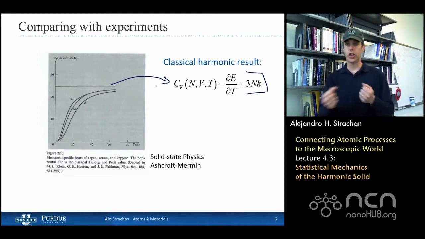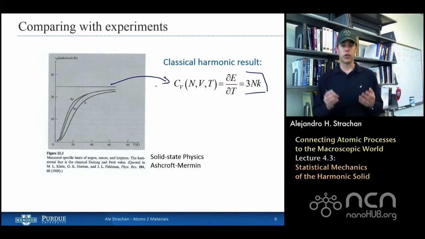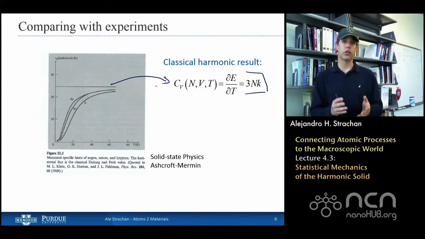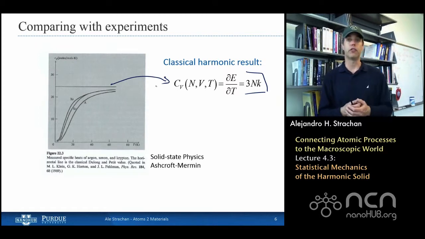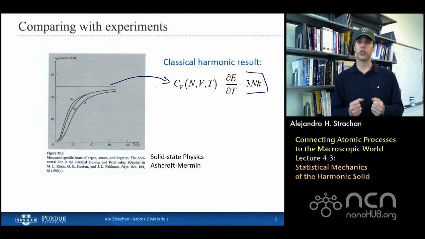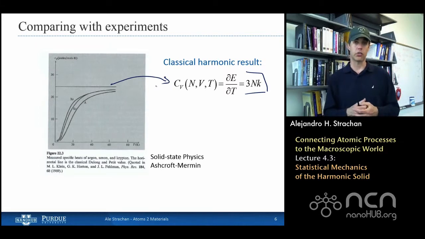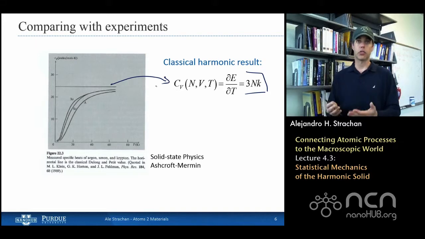It doesn't depend on the nature of the interactions, because the equipartition of energy says that you have 1/2 kT of energy per degree of freedom that appears squared in the Hamiltonian, regardless of what the prefactor is. So regardless of the frequency of the oscillation, regardless of the mass or this effective spring constant of the interactions, we always have 3 times k for the specific heat.